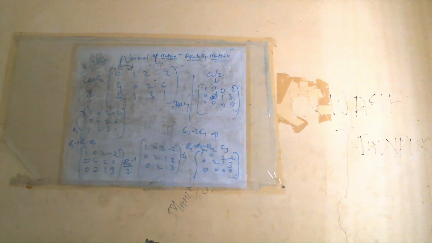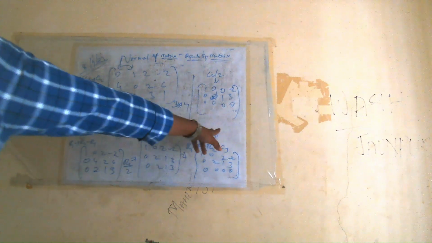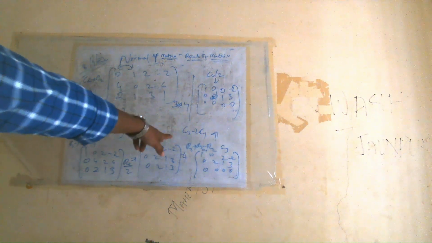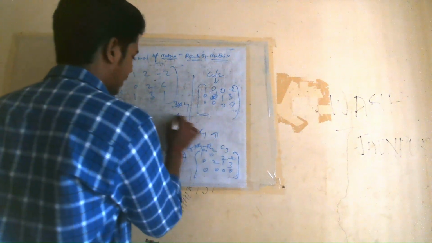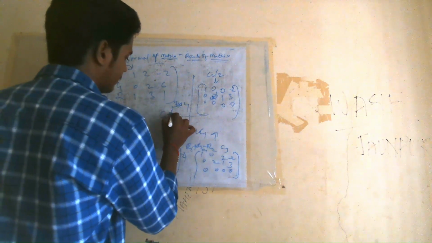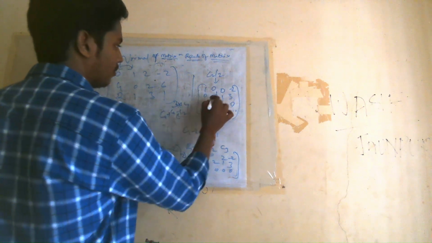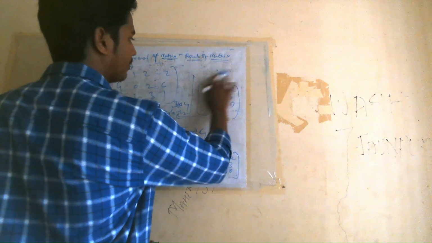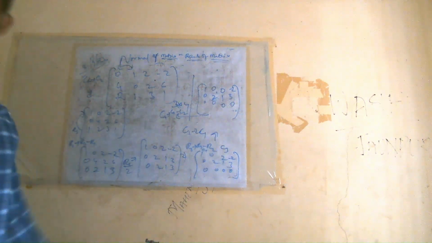Now if I change, you can see these two rows, C4 minus C2. C4 implies C4 minus C2. If I take here this matrix, C4 implies C4 minus C2. Let this 2 be as this 2, not dividing here. Okay, sorry. Let this 2 be as this.